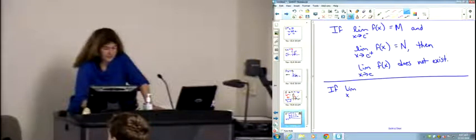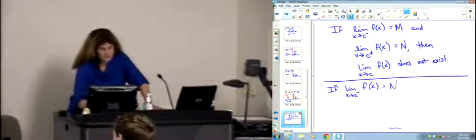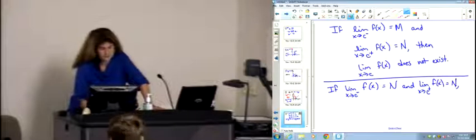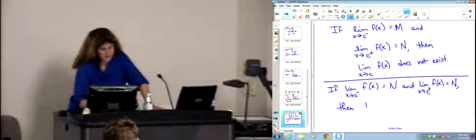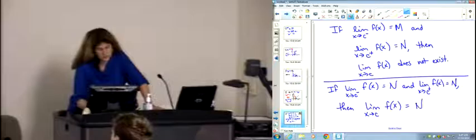If the limit as x approaches c from the left equals n, and the limit as x approaches c from the right equals n, then, and this is the case we had seen up to this point, the limit as x approaches c for that function will equal n.